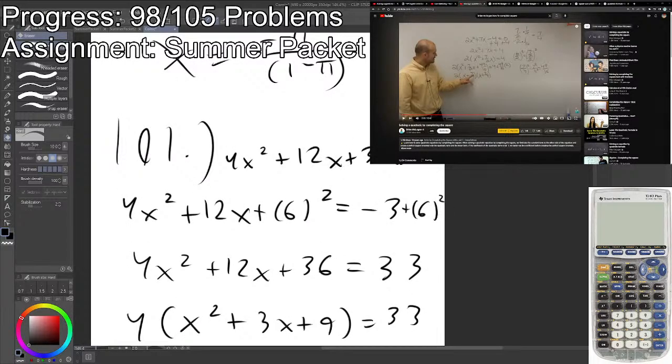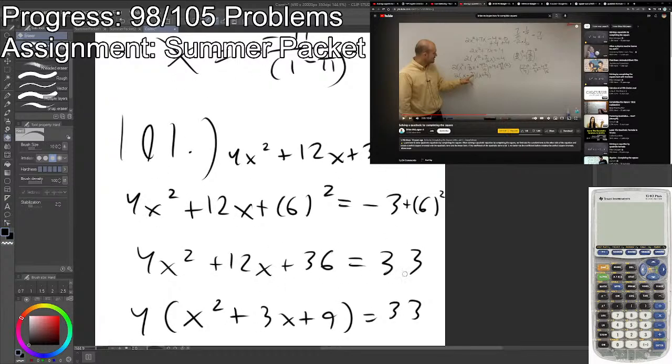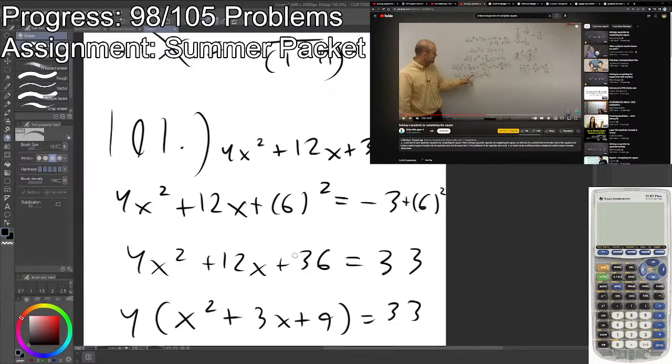Okay, so subtract 3 over. Okay. Plus 6 squared on both sides. 33 on this side, 36 on this side.